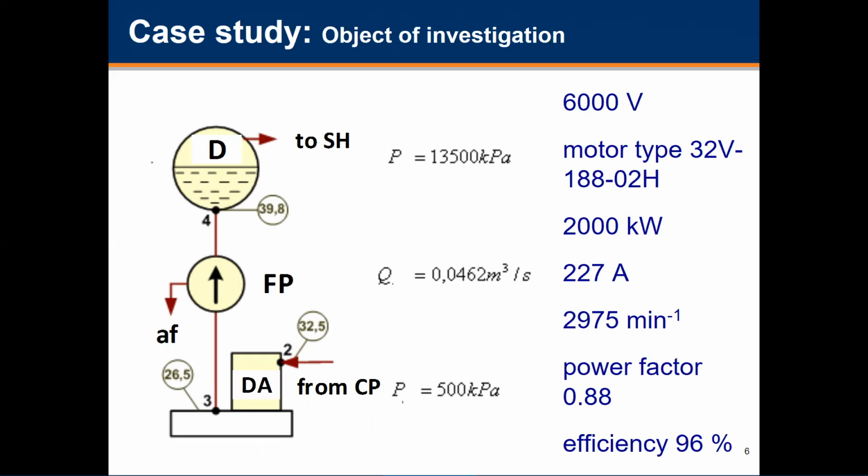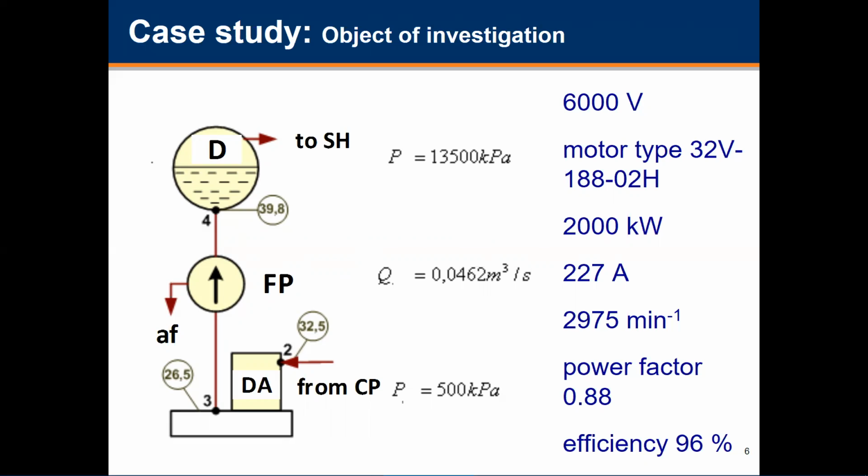A case study is conducted in order to investigate the applicability of the developed models. A powerful pumping system for water feeding of a steam generator in a thermal power plant has been selected as a case study object.